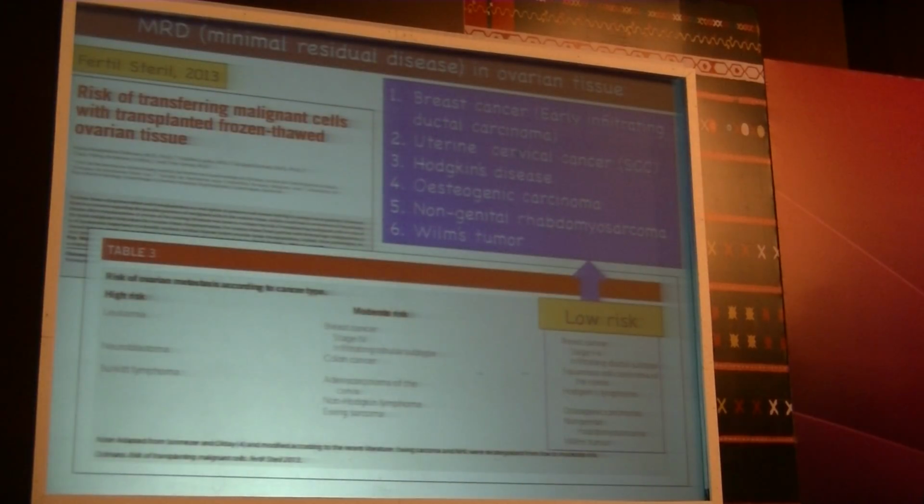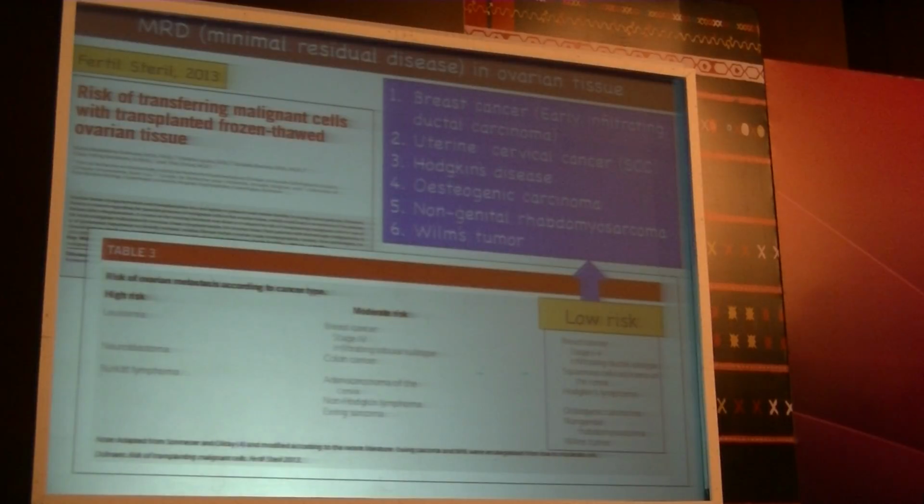The risk of transferring malignant cells with transplanted frozen-thawed ovarian tissue, which is minimal residual disease in ovarian tissue, is a danger that we should avoid most. This showed the risk of ovarian metastasis according to the cancer types reported by Professor Dolmans in 2013. The risk is classified as high, medium, and low.